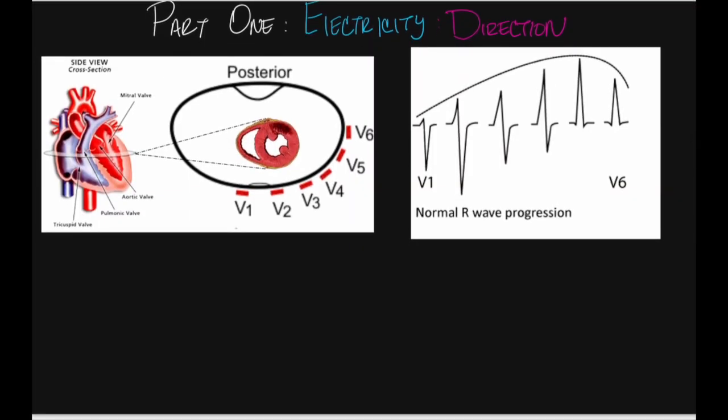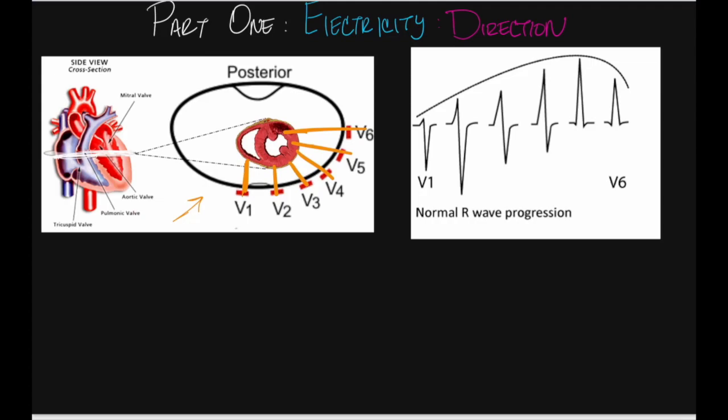Well, if we look at the transverse plane of the chest, so we cut the heart right here, we get something that looks like this. And if we draw straight lines to the heart, I'm going to make it a little thicker, we see that each precordial lead looks at a different portion of the heart.